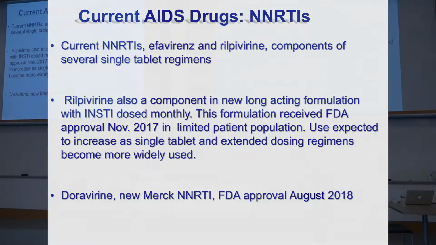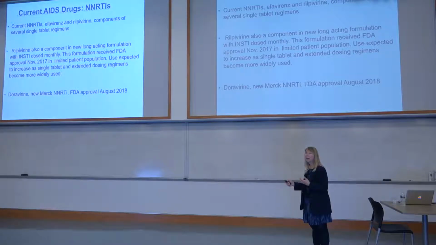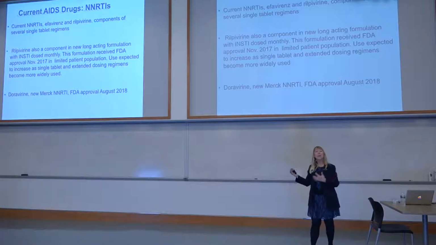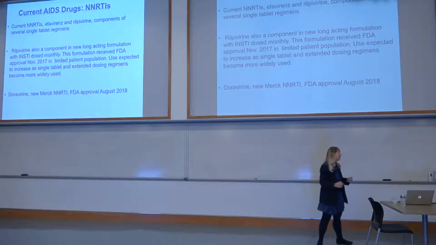This is actually given by injection, and there's some suggestion that it could last for a month. So that's one of the advantages if you only had to take the therapy as an injection once a month. And then there's actually a new NNRTI that was very recently approved by Merck. So these are some of the NNRTIs that are on the market.